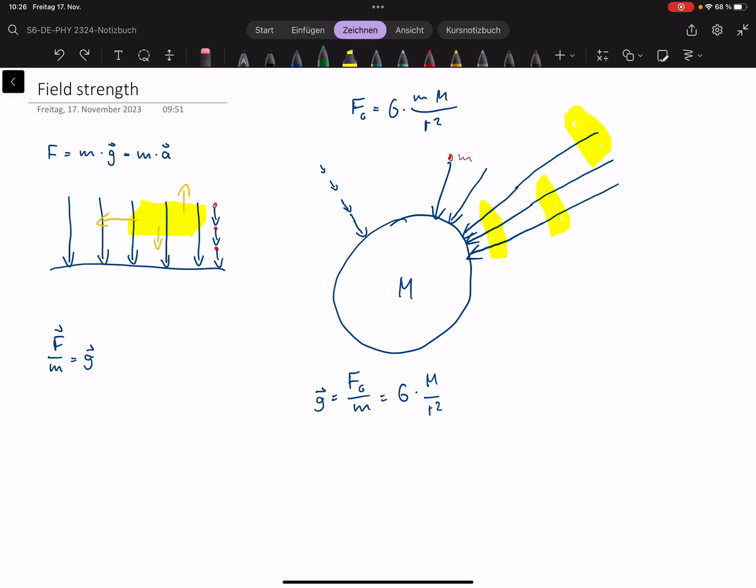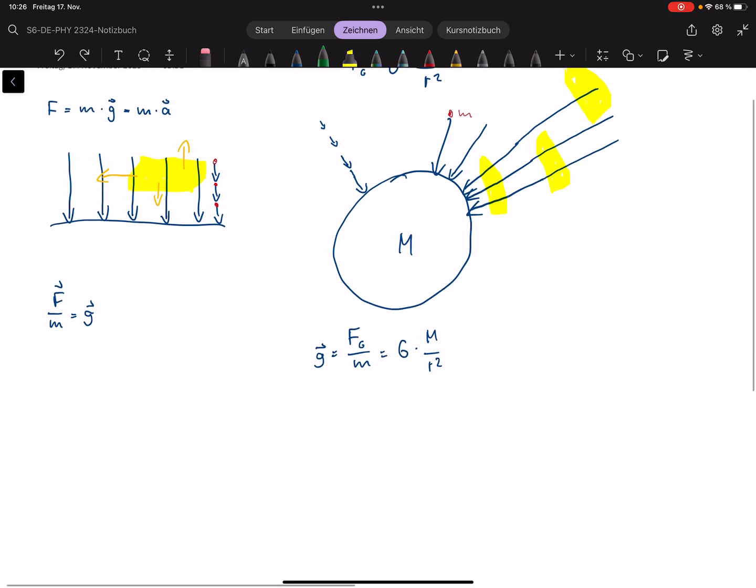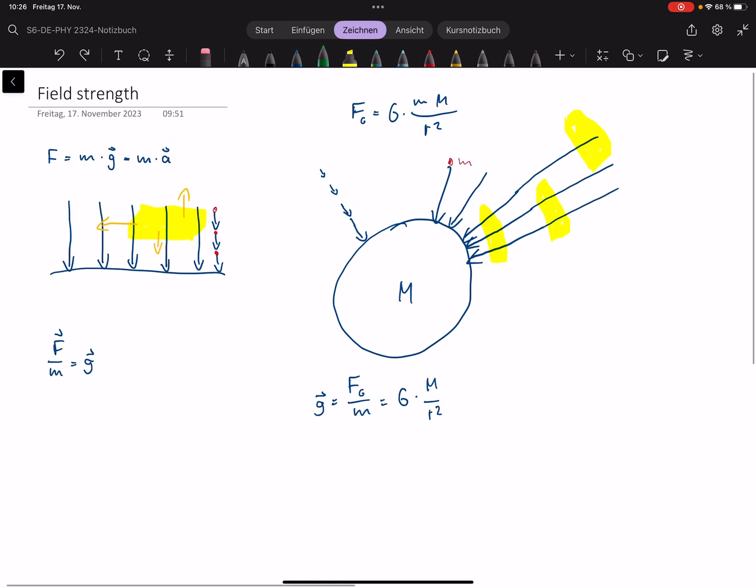But if we have the field strength at a certain place, what else does it tell us? If we assume that the mass will be 1 kilogram, that means the small m would be 1. If we just multiply by 1, it doesn't change the value, okay?